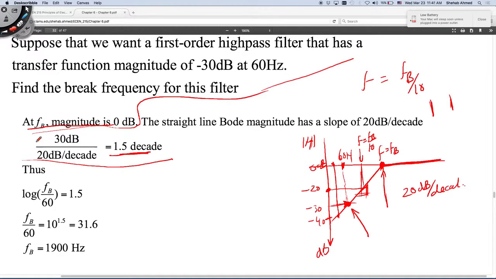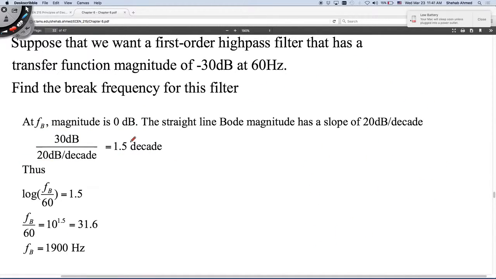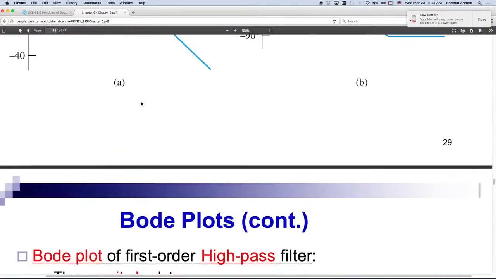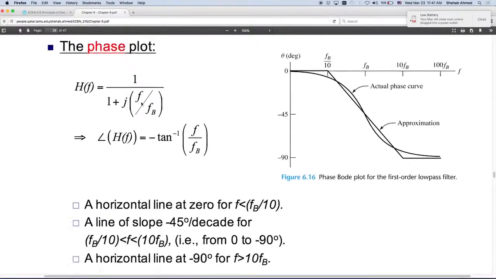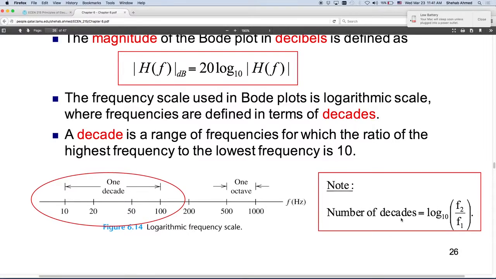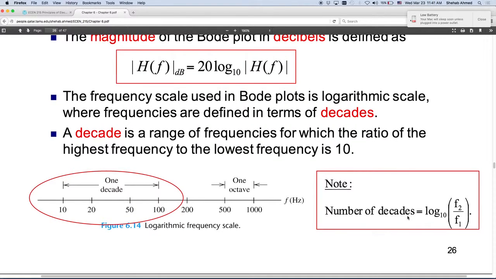So they're using this equation for the number of decades. My number of decades was 1.5, and I have one of the frequencies, and I'm trying to find the other one, fb.